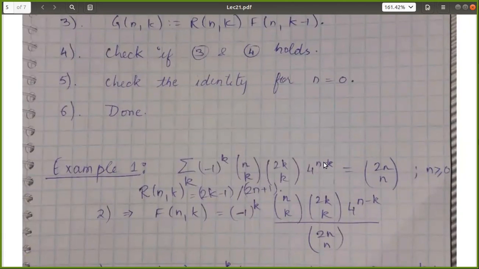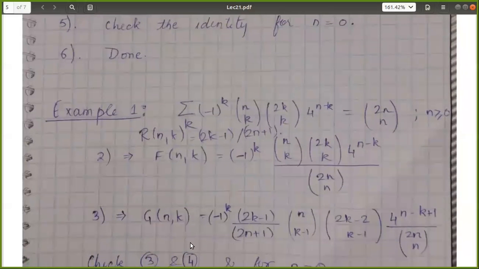It is this summand divided by 2n choose n, which is this. And then G(n,k) is this thing evaluated at k equals k-1 and multiplied with the certificate. So that gives me (-1)^k times (2k-1)/(2n+1), and then the rest of it at k-1. Oh, this should have been a k-1 here.